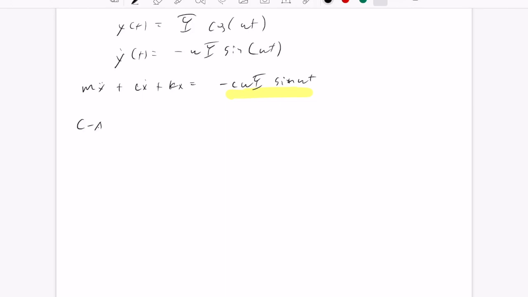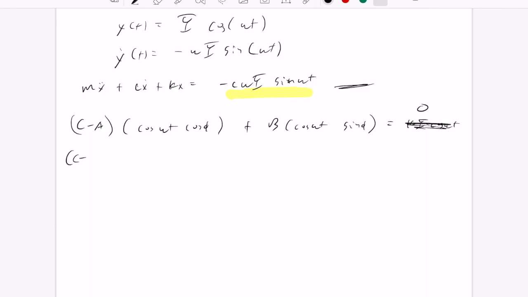So if we go to c minus a, where a, b, and c are what they were before, is cosine omega t cosine phi plus b cosine omega t sine phi. Okay, in the previous example, if you remember, that was equal to k Y cosine omega t. But in this case, that doesn't exist, so it actually equals 0.